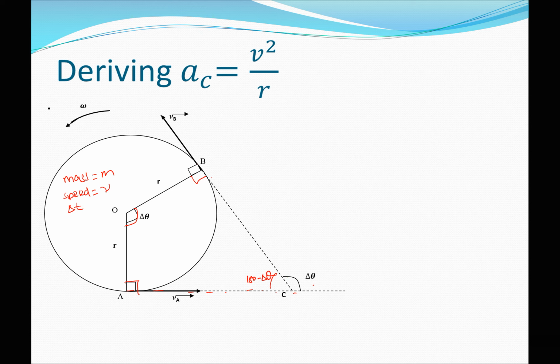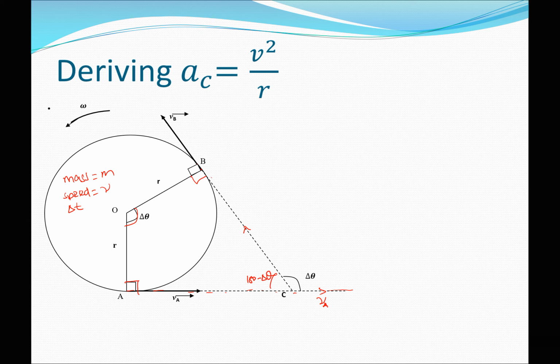Like I said, you're not going to be asked to derive this. So this angle is delta theta. Remember, this is velocity at point B, and this is velocity at point A. So this is still VA.